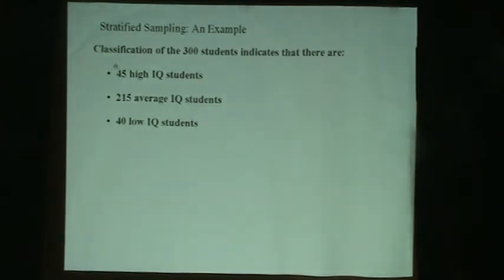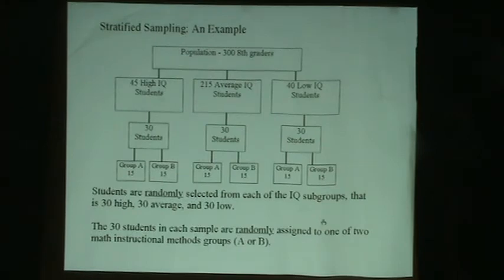So, classification of the 300 students indicates that there are 45 high IQ students, 215 average IQs, and 40 low. That gives us our 300 students. So we have a population of 300 students, 45 high IQ, 215 average, 40 low IQ.